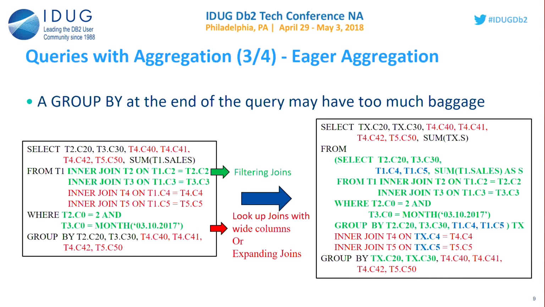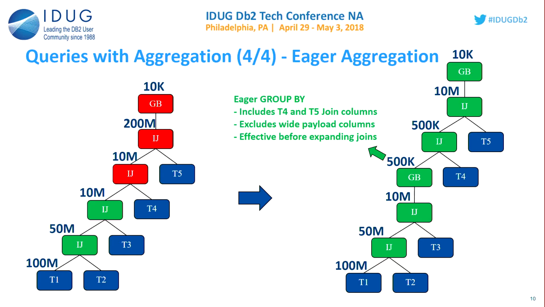So the idea here is to do a partial aggregation before some of the joins. So we do it after the filtering joins, before any expanding joins. Let me show you the picture because it's easier to follow that. We have a 100 million row fact table here.